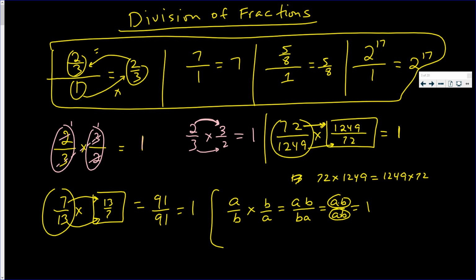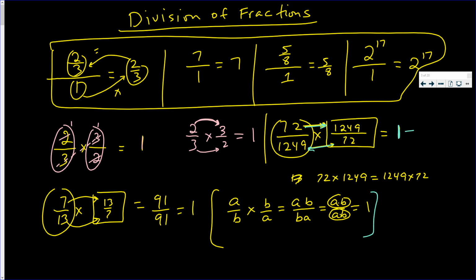You can't multiply 72 and 1249 on the top and multiply 72 and 1249 in the bottom and get different answers. If you did, you have at least one mistake. But if you do the multiplication correctly, you have to get the same answer. And when you divide the same two numbers, you generally get 1.